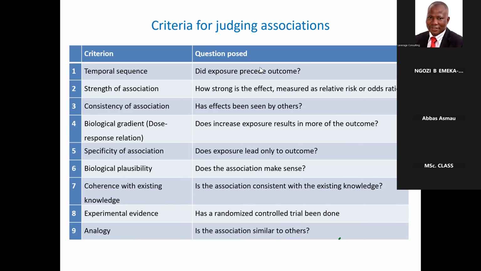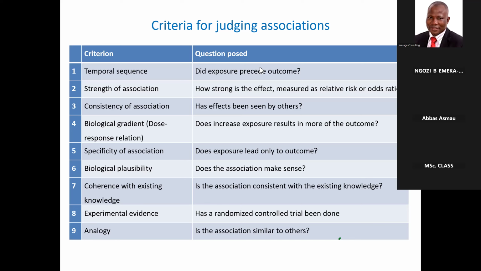So number 7, coherent with existing knowledge. Is it consistent with existing knowledge? It's not as important, because most of the breakthroughs in this field, initially they don't even make sense. People say, we have not heard of this. Just like when Albert Einstein came with his law of relativity, he shook the scientific world.